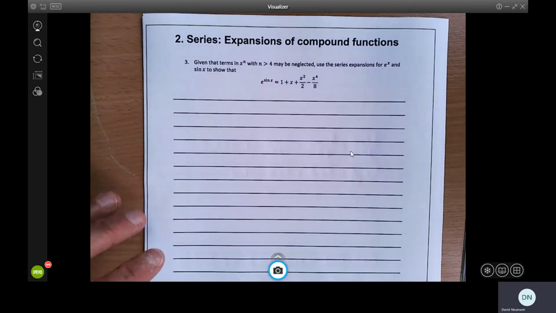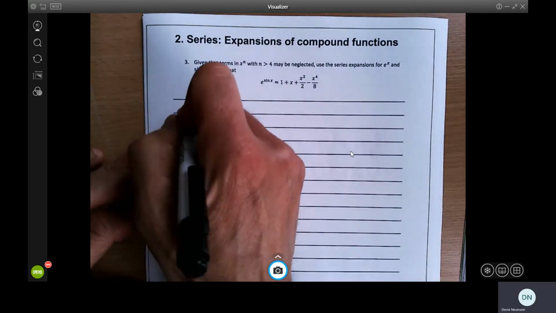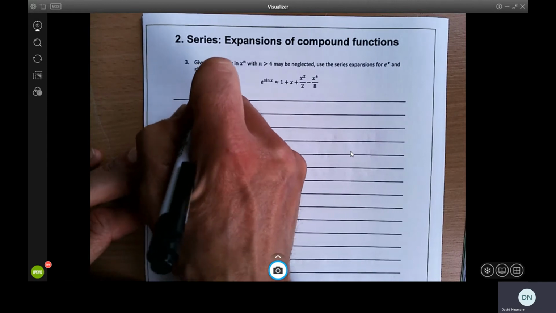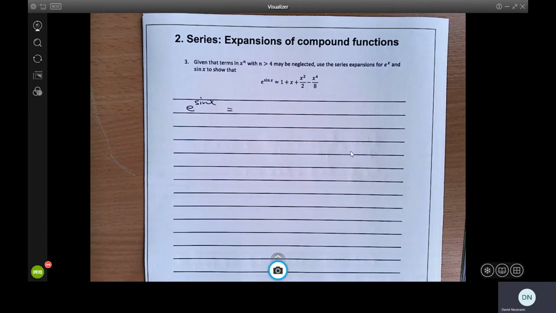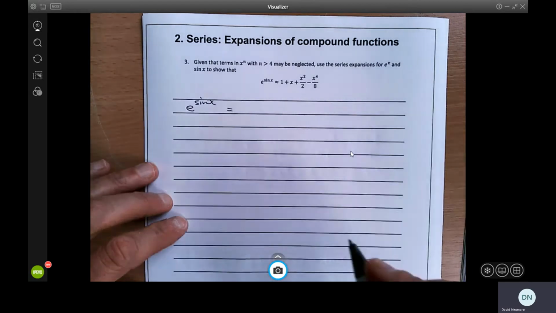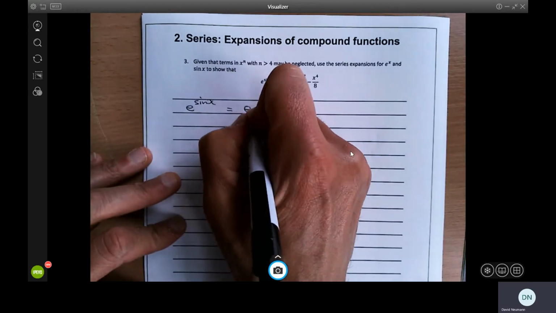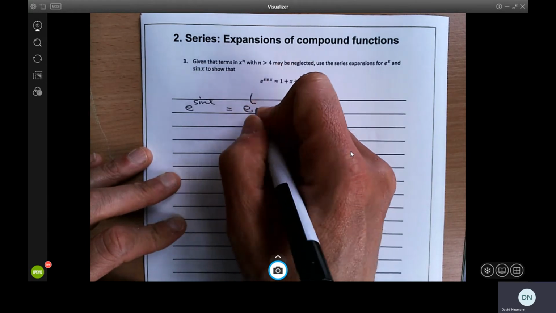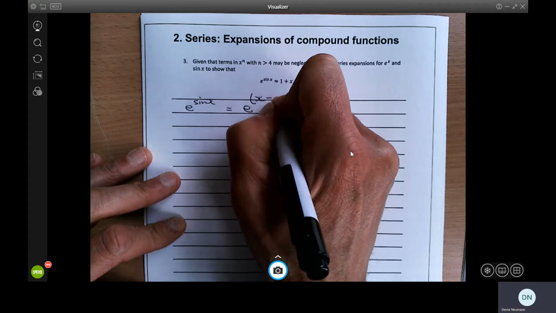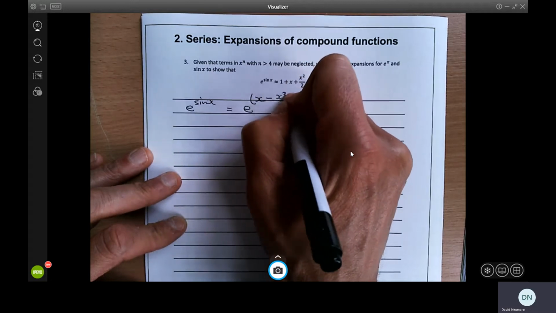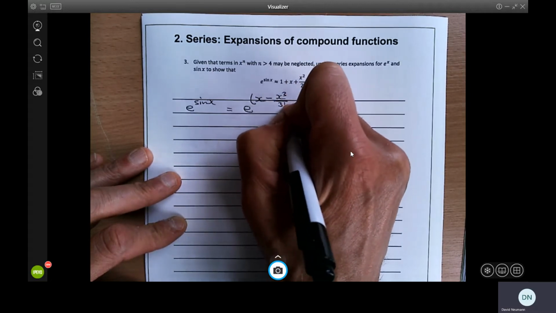So we're going to say that e to the sine x is equal to, well, the expansion of sine of x, the first 2 terms are x minus x cubed over 3 factorial. So this is e to the, and then we put the expansion in here, x minus x cubed over 3 factorial.